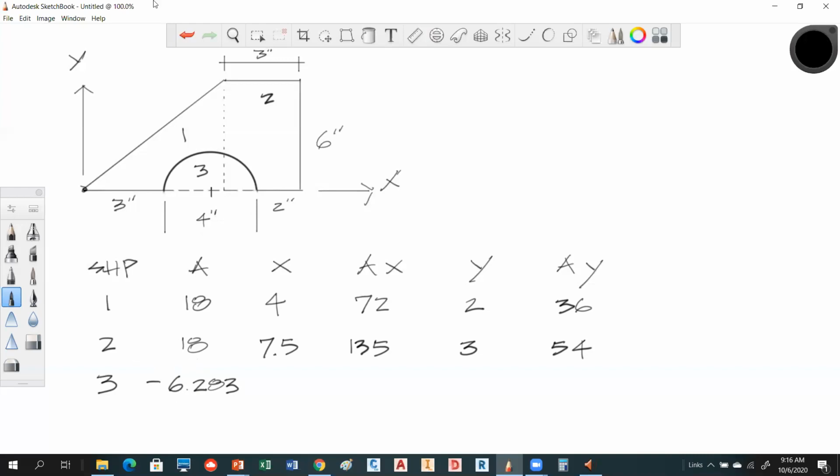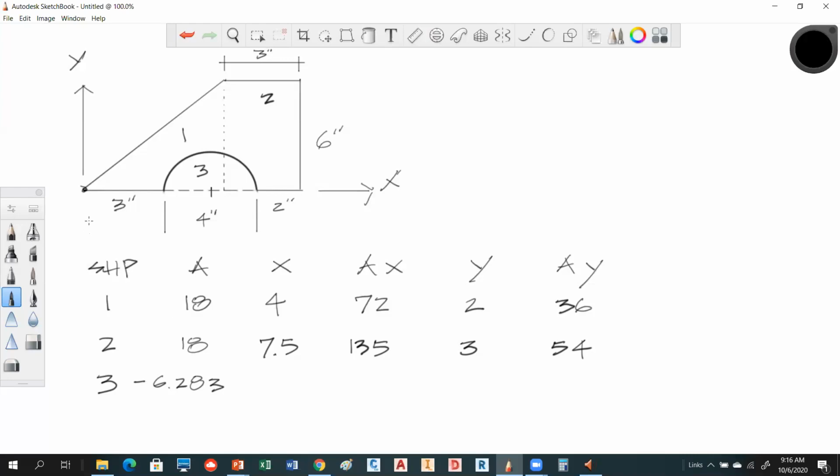So 6.283 negative. Does everybody understand that now? If you forget the area negative in there, you've blown the problem, because basically you're saying you have another shape in there that's positive.